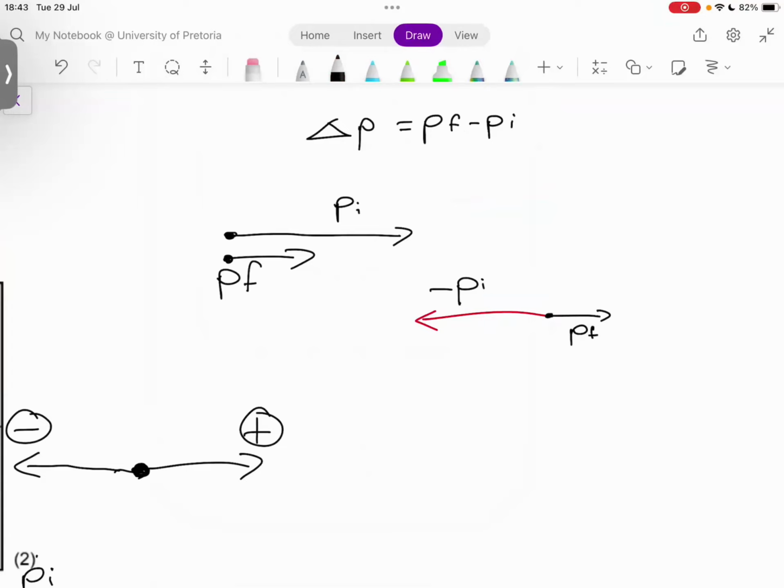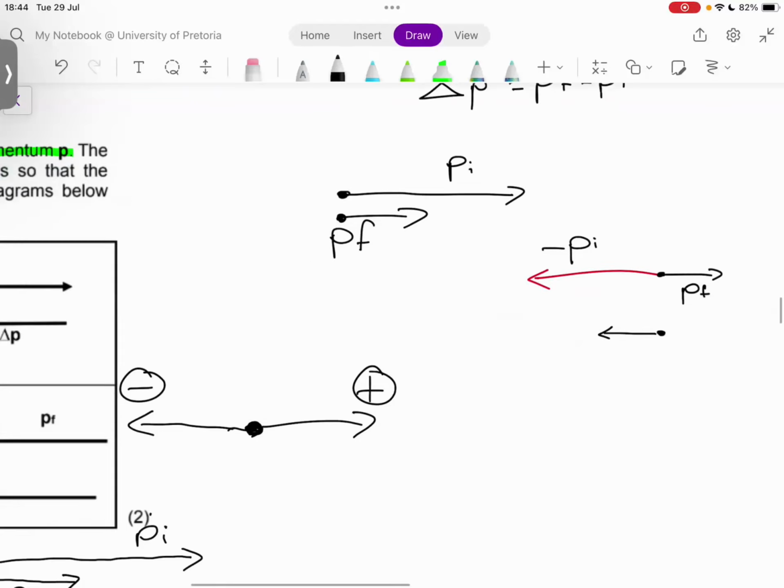From here, this gives us a resultant of half the length of the initial momentum, but pointing towards the left.